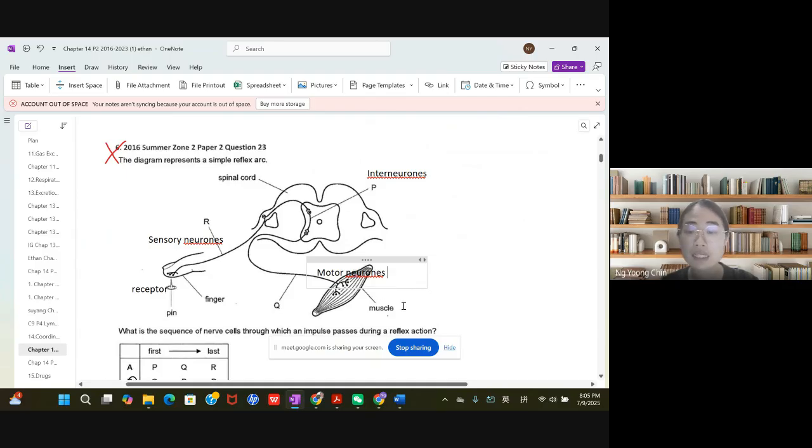The muscle is a kind of effector, which will produce a response: it will contract and move the hand away from the pin. This we call a reflex action. What is the characteristic of a reflex action? It produces an automatic, fast response without any thinking, without any involvement of the brain. Fast and automatic response.